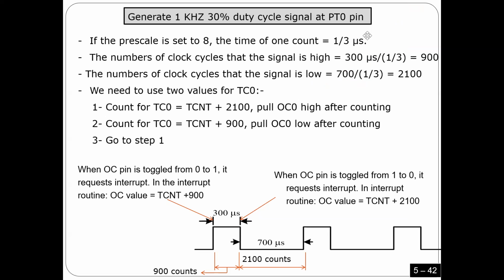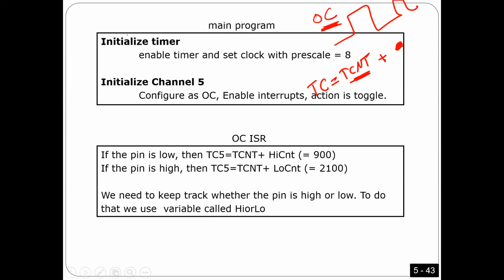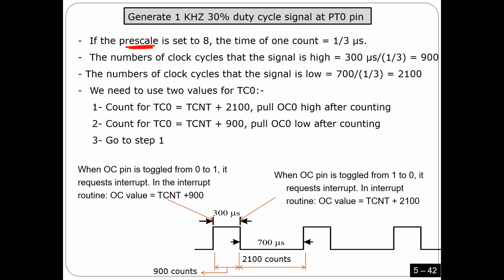So here in this program, look here, guys. I want to generate a signal like this one, 300 microseconds and 700 microseconds. The first thing you have to do is convert the time to a number of counts. The way I did it here is based on the configuration. Here I decided to select the prescale of 8, whatever you want to select.